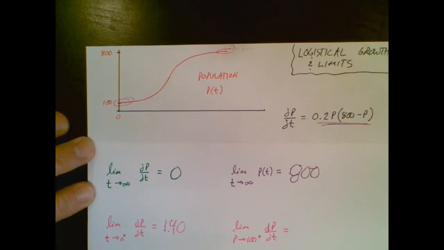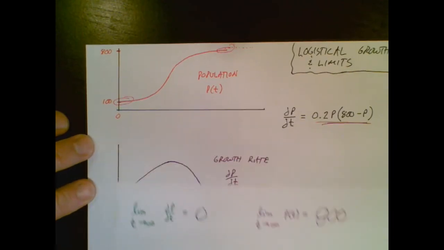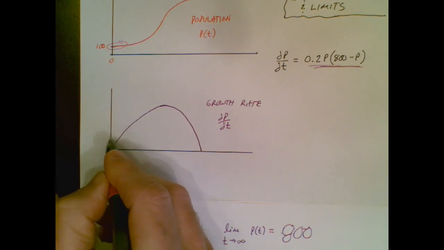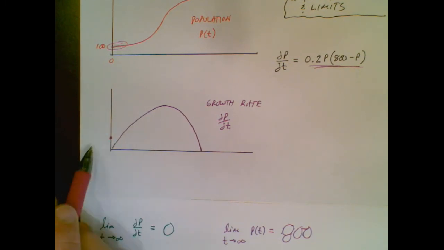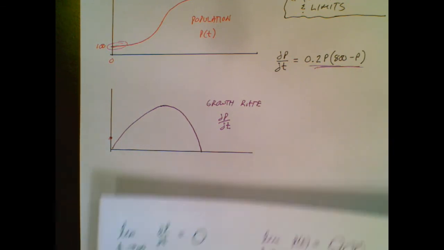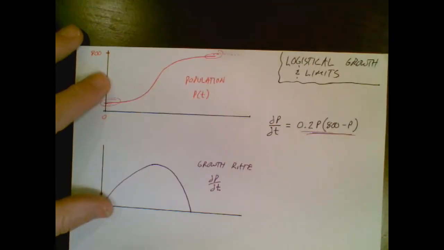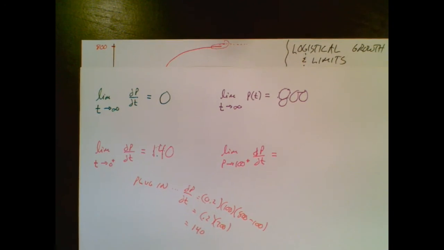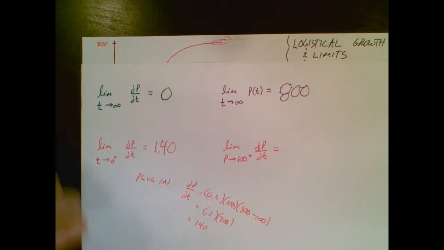Right around there I have a slope of 0. And if I were to graph the growth rate, it would actually start out at a value of 140, and it would end at a value close to 0. So just be careful, because it's easy to be casual with the graphs, but once you start doing limit problems, you have to be very precise with your details.